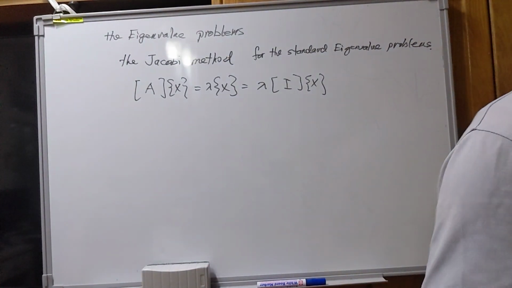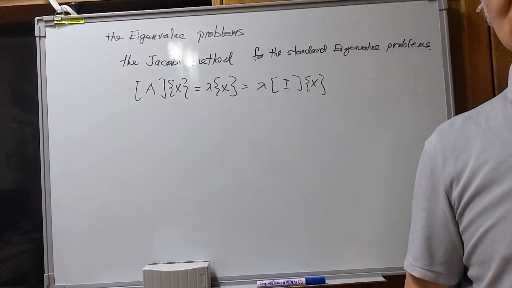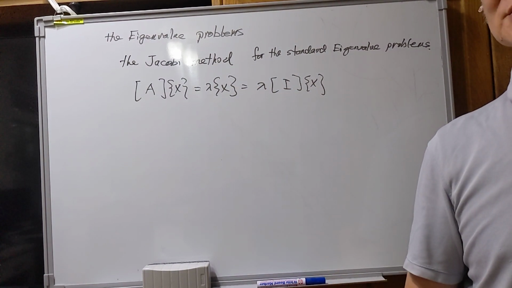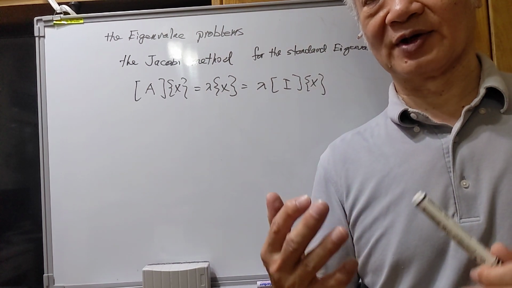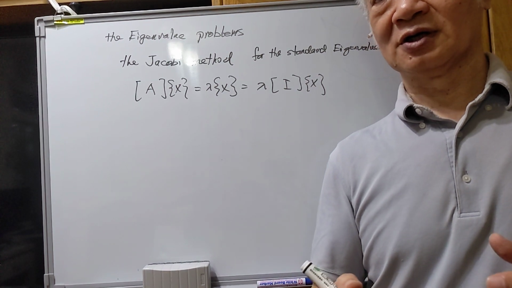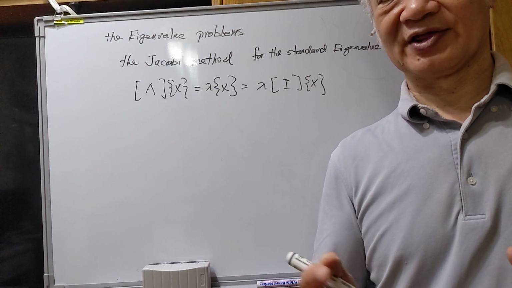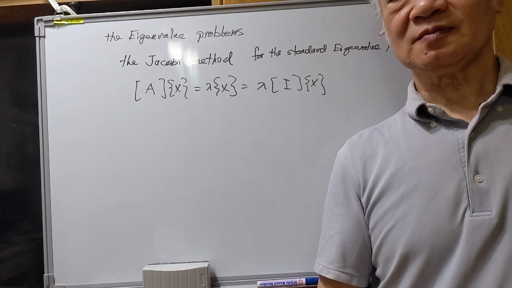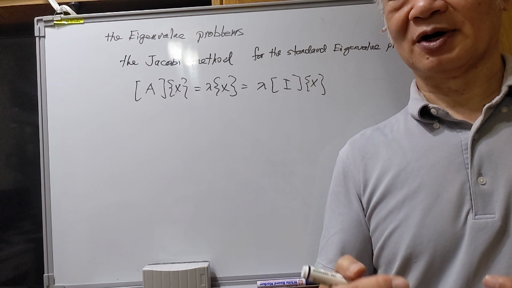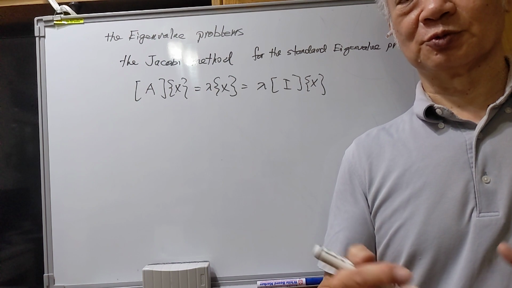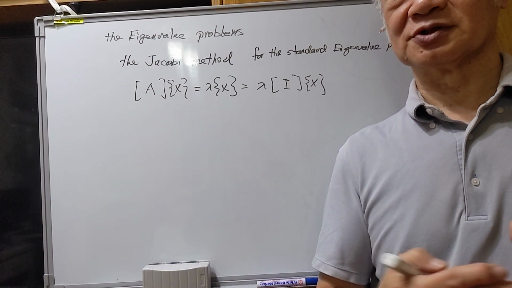So for the standard eigenvalue problems, how can we solve them? Remember, this course is about numerical methods. The numerical method is different from the mathematical methods. We can use the strong power of the computer, so we will use an iterative solution procedure.